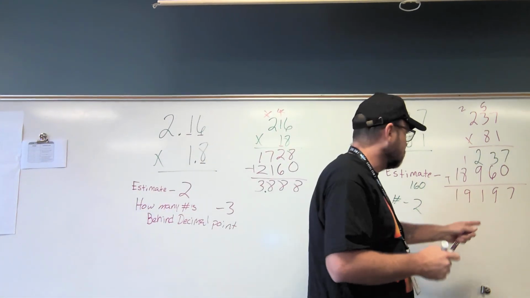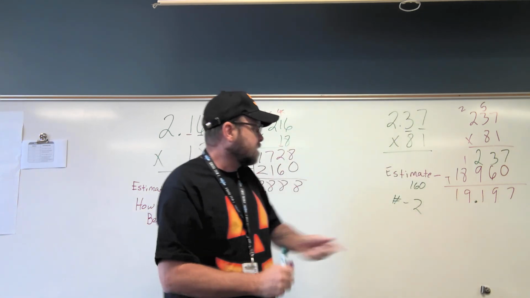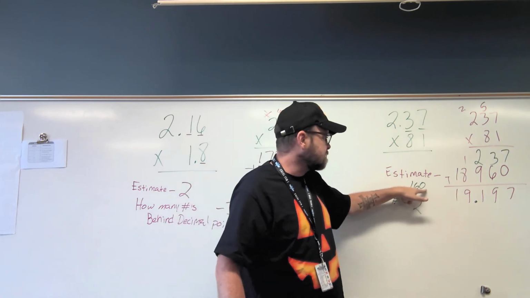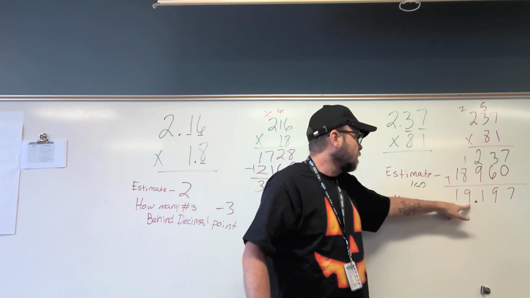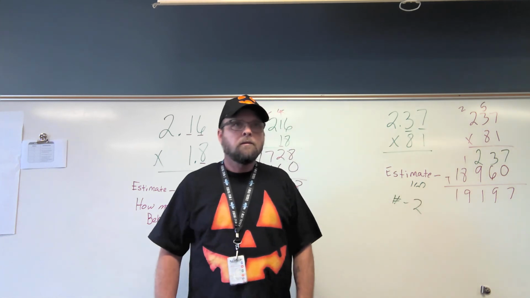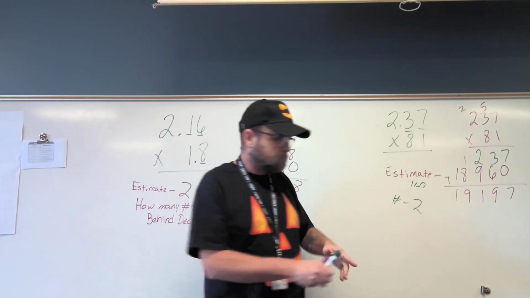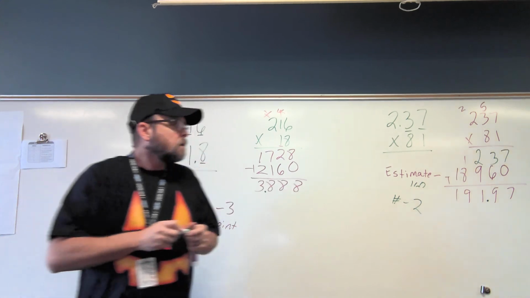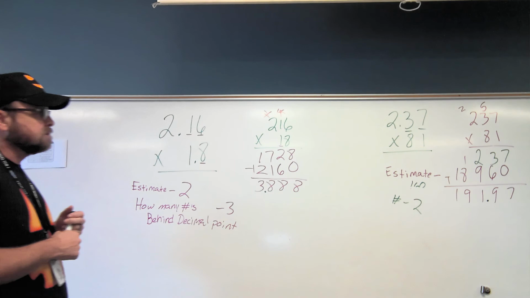So 19 is close to my estimate of 160? No. How many numbers are behind the decimal point in my answer? 2. So it would be 191 and 97 hundredths.